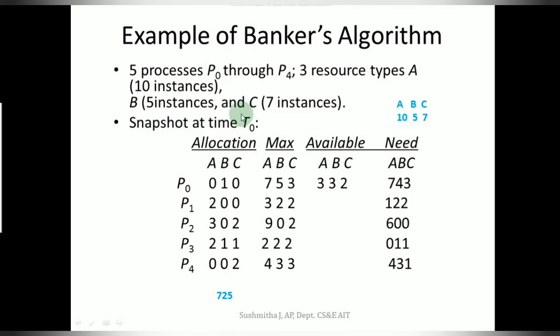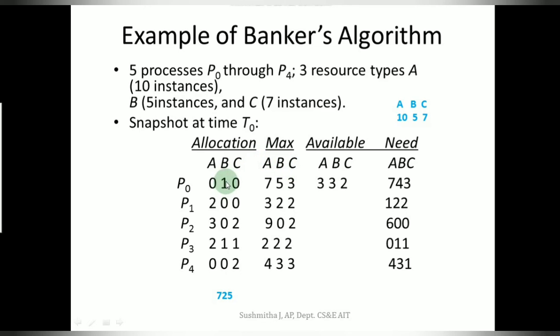Now let us see what happens in the max matrix. So what does the max matrix indicate? The process P0, to complete its execution, needs 7 instances of resource type A, 5 instances of resource type B and 3 instances of resource type C. What is allocated?